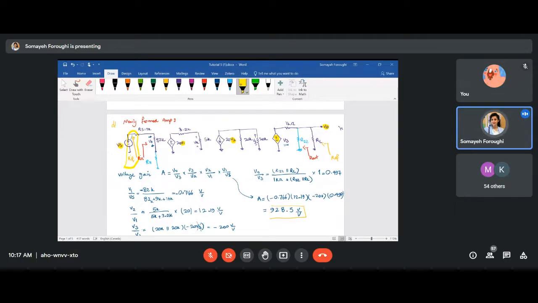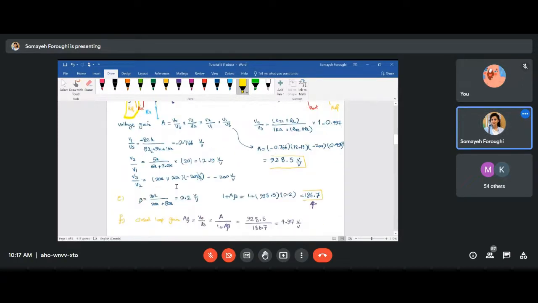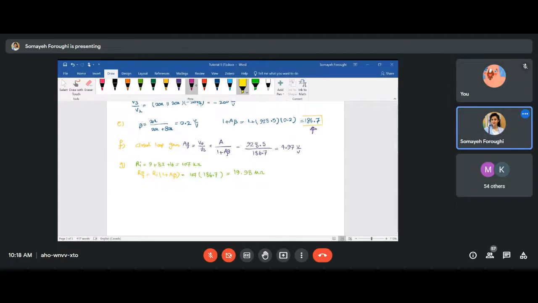In your Rif, you're also considering that Rs. So if you subtract that Rs, then you will end up with this red arrow, which is Rn. So for finding Rn, I subtract Rs from Rif.